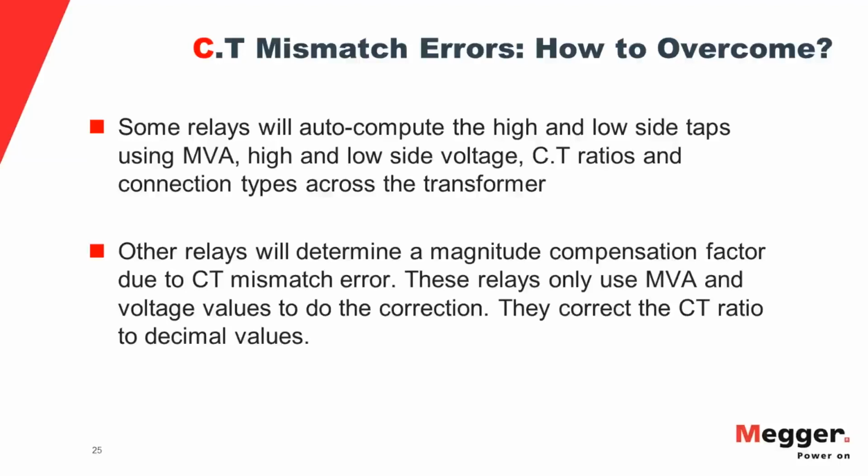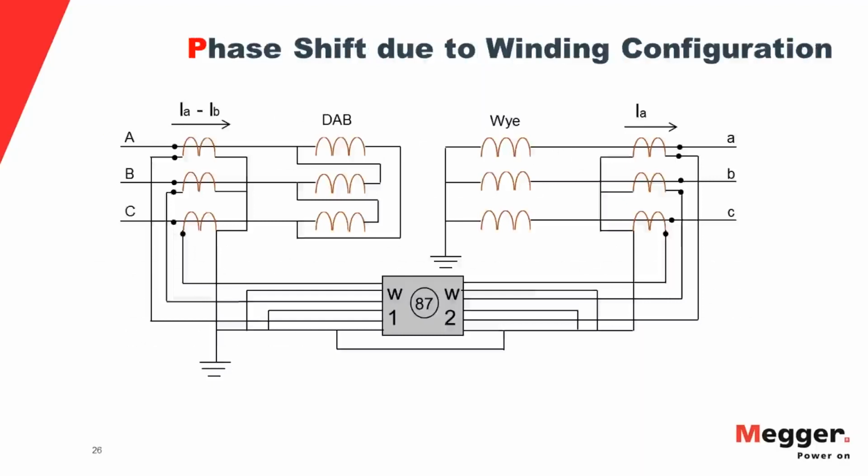The problem with phase shift is that I have a delta connected winding and a Y connected winding on the transformer. And if you work through some math, it will tell you that there is a 30-degree phase shift between the currents entering the relay on the winding 1 side and winding 2 side.